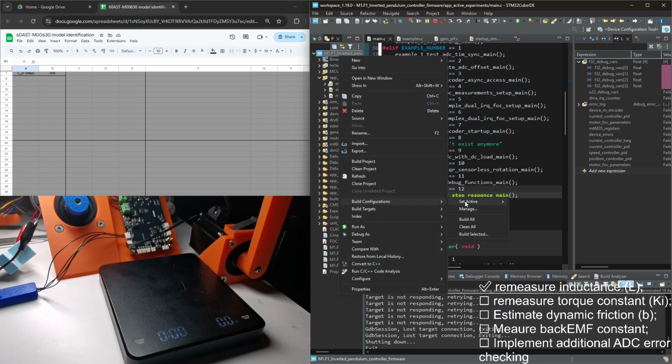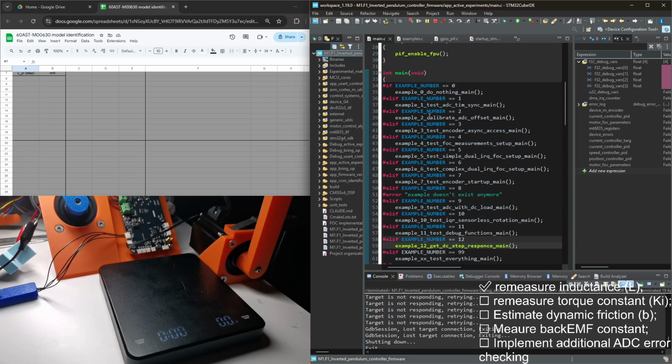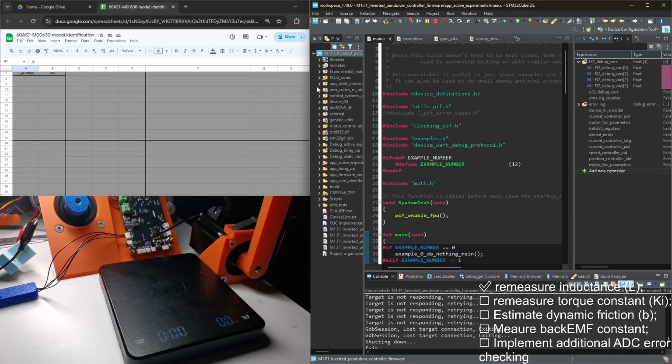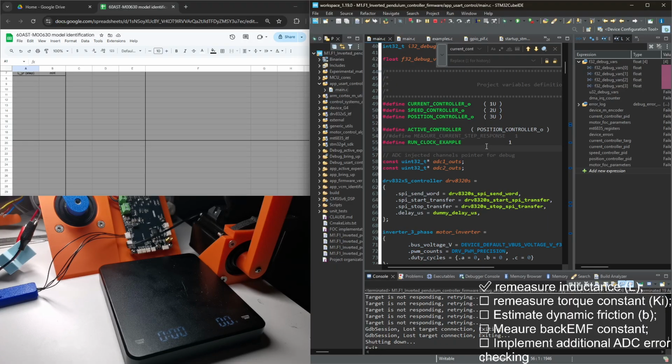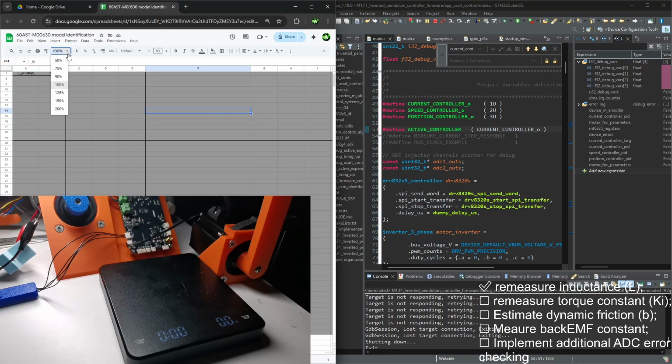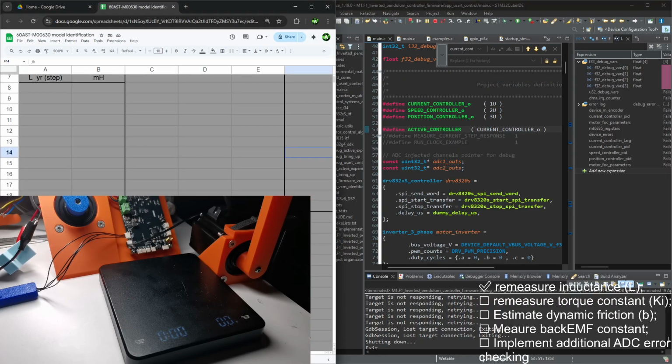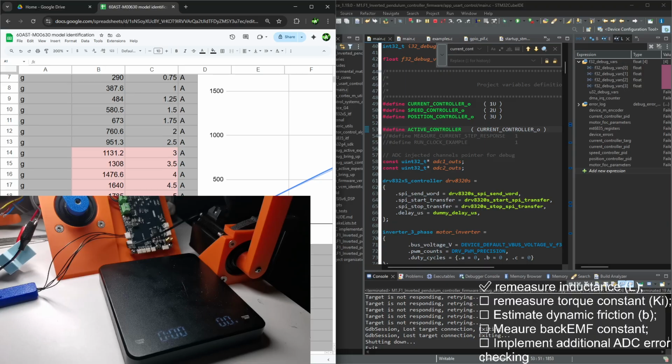We need our start control in the current control mode. So comment this out and put current control mode in here, like that. So increase the scale here and move to KI and set another row.